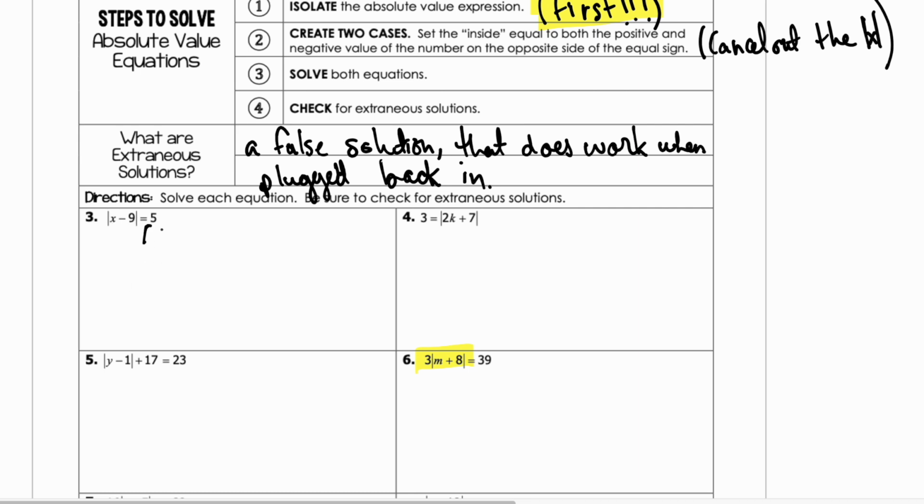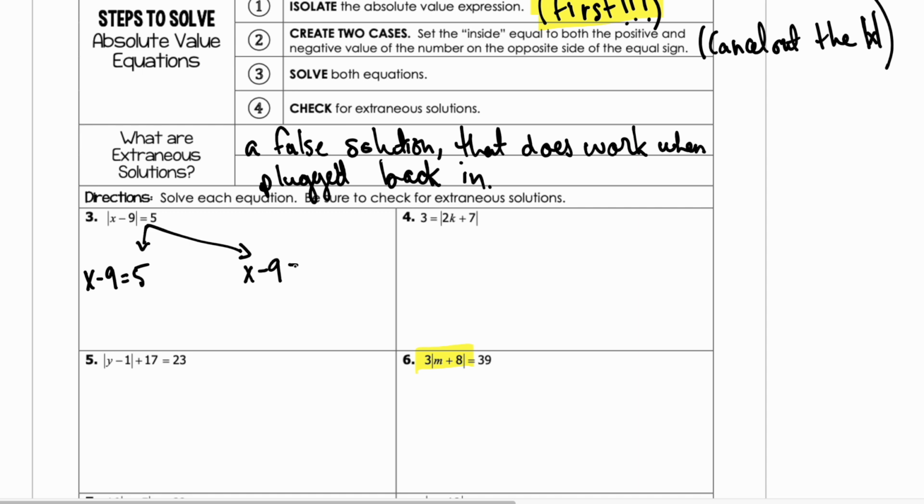Step two is we're going to create two cases. We're going to cancel out these absolute value signs by setting one of these answers positive, one of the fives a positive 5, and one of them negative. Okay, so this is what it's going to look like. You have x minus 9 equals 5. Okay, that's one possible solution.